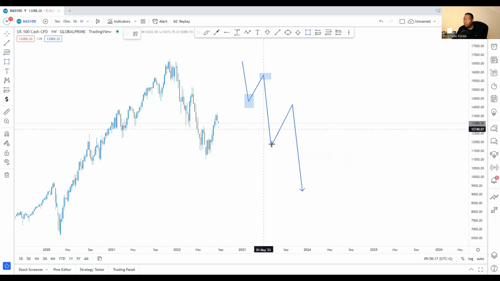Okay, so when we call it the lower low, we're simply saying that this price action has a behavioral pattern to say that it's going to want to create a new lower low, hence it's called lower low.